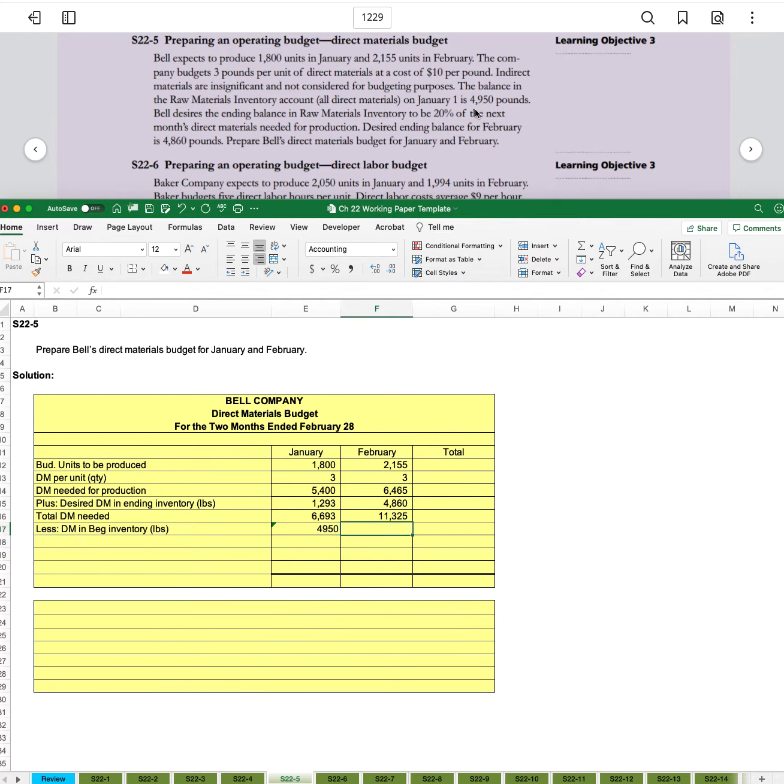And then the February beginning inventory would be the January ending inventory, so we'll cell reference up to the 1,293. And that is going to give us the budgeted purchases of direct materials. So our total direct materials needed minus the beginning inventory.